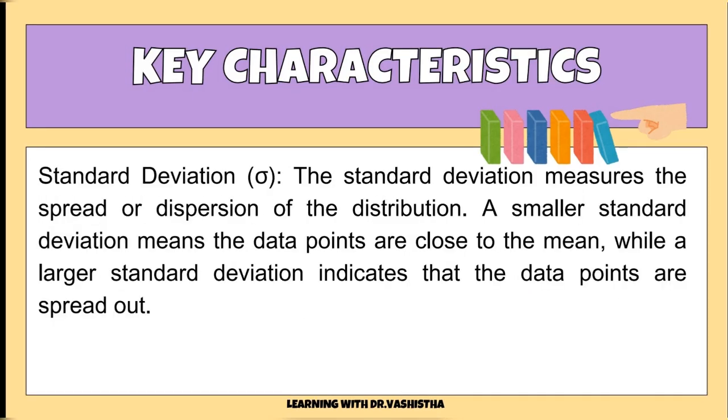The next is standard deviation. It shows the deviation, meaning how much the data is dispersed or spread from its mean position. So, a smaller standard deviation means that the data points will be closer to the mean, whereas a larger standard deviation will mean that the data points are spread out and are farther from the mean value.